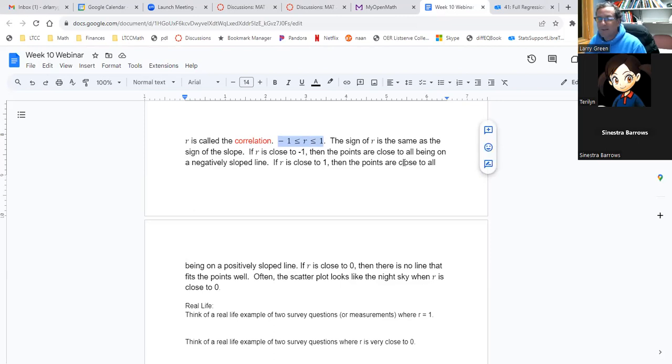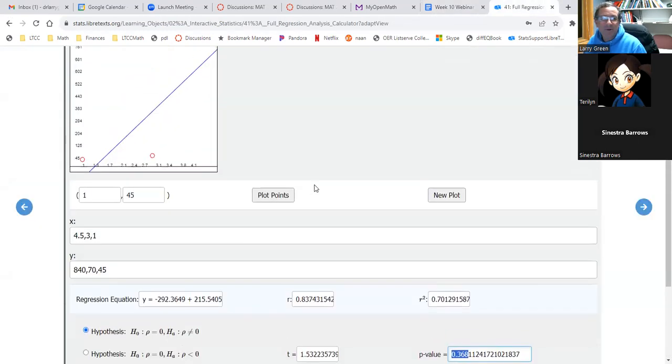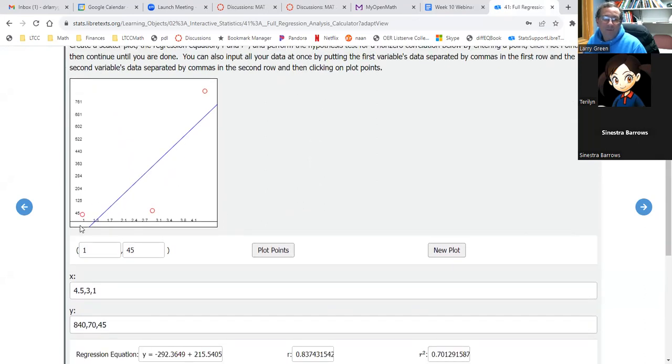Any questions on that? So if you ever see R is -4, you blew it. Okay, that means something went wrong. R is always between -1 and 1. Okay, the sign of R is the same as the sign of the slope. So notice that in our example, does this line have a positive slope or a negative slope? Take a look.